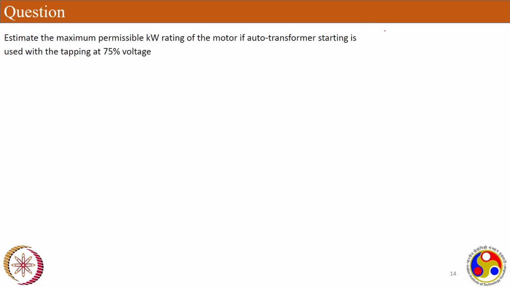Now see, IFL new is equal to IFL multiplied by 0.75 squared. You remember that x squared times of current. So please go through the formulas and discussion once again. You will remember that if you go for an x times ratio, your current will be reduced x squared times.